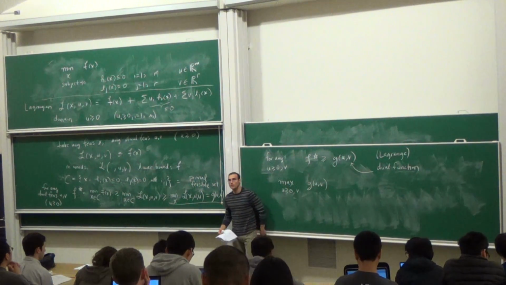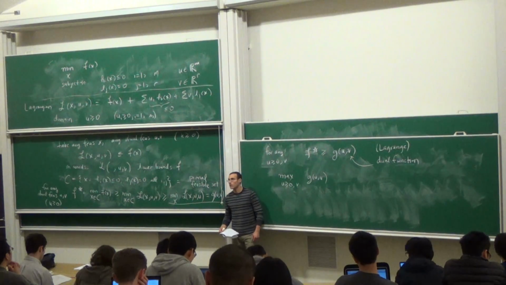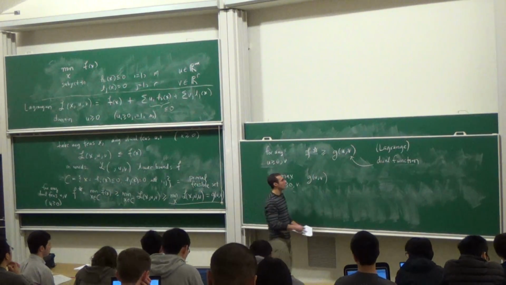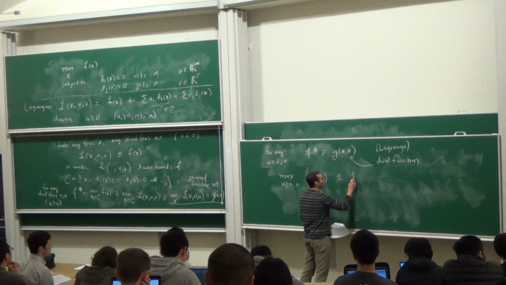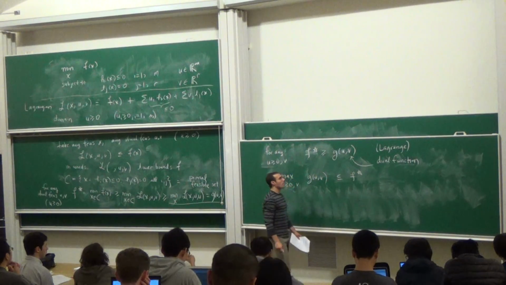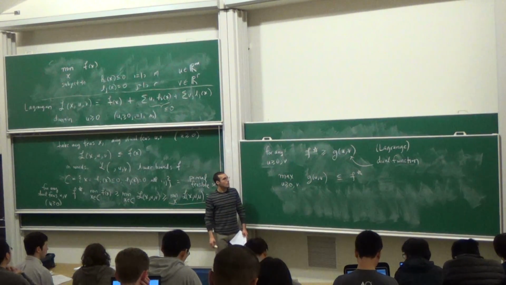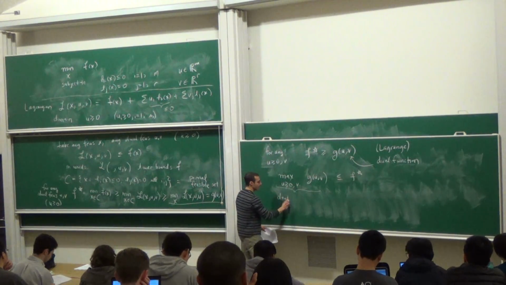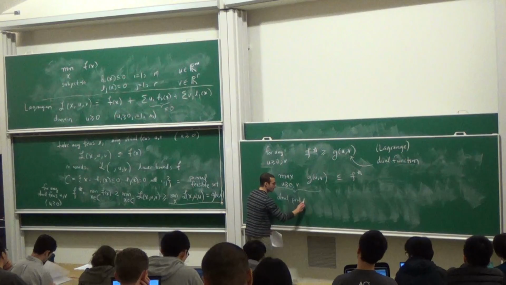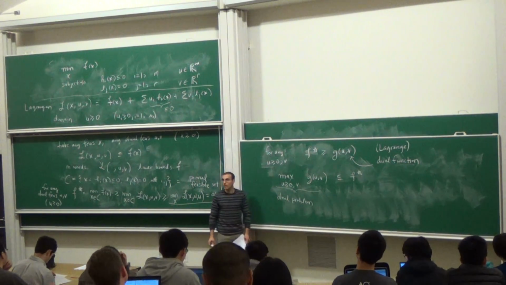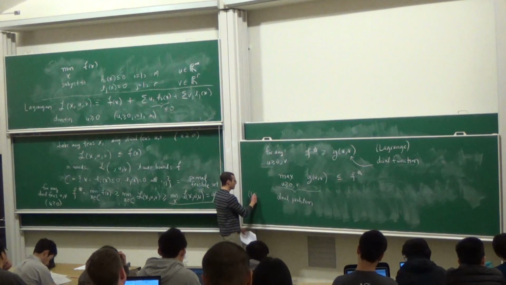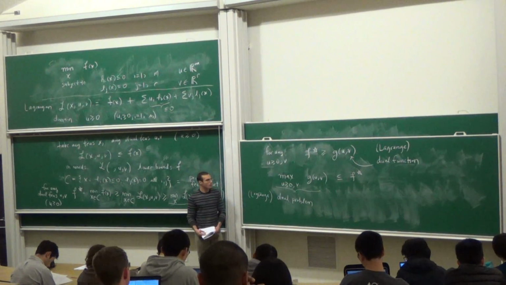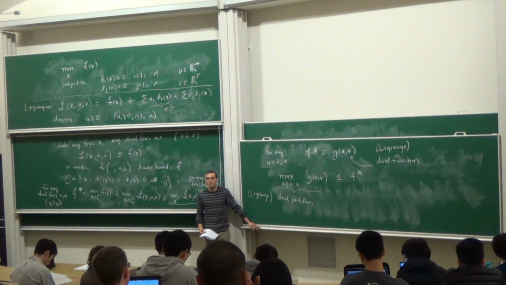Well, if that holds for any fixed u and v, where u is non-negative, then it's certainly true that I can maximize over all possible u and v. And so I still get the same inequality. And I'm going to call this guy now the dual problem. Or, again, I'll just sometimes specify that it comes from the Lagrangian, so I'll call it the Lagrange dual problem.